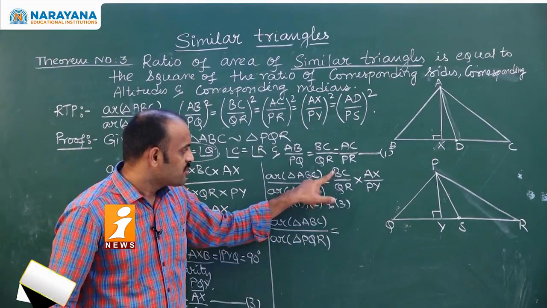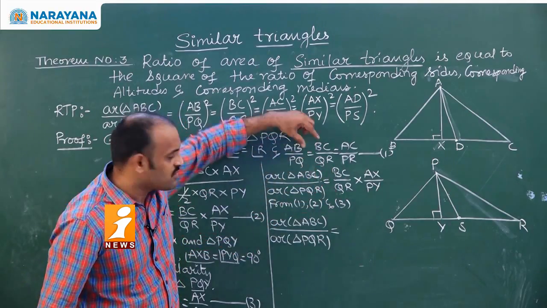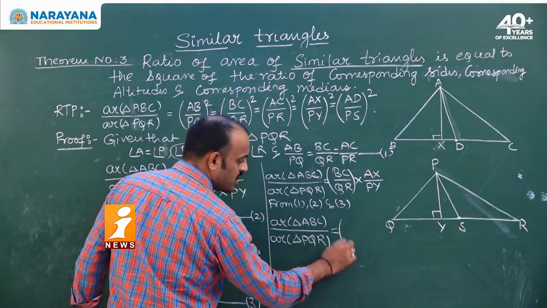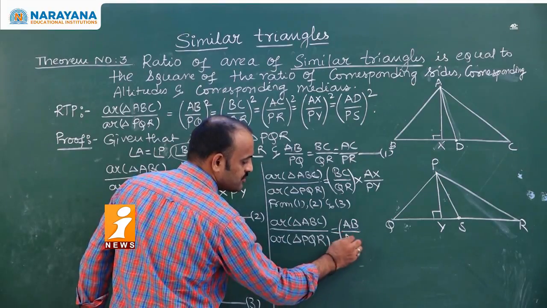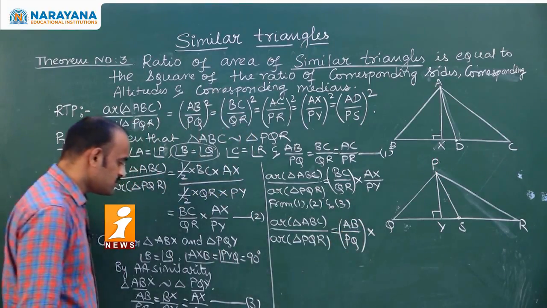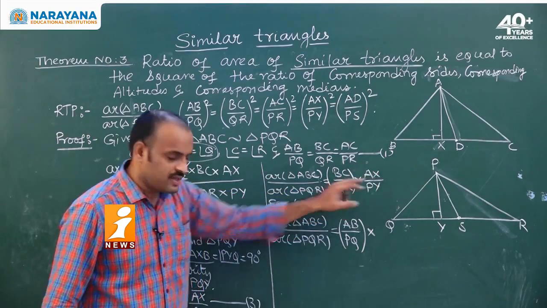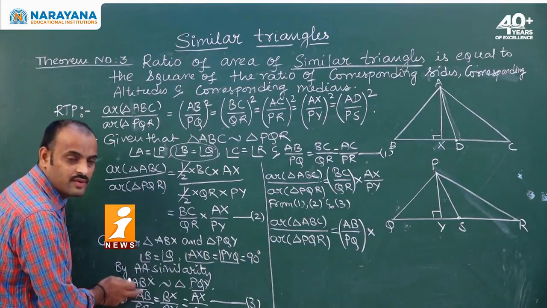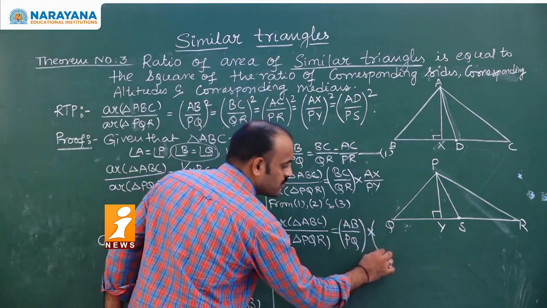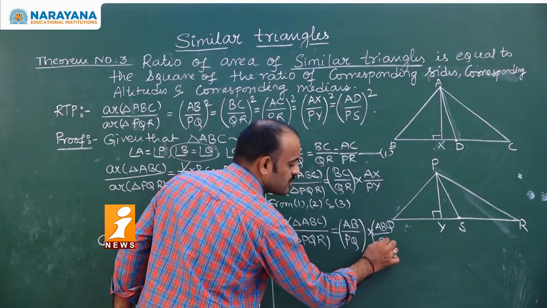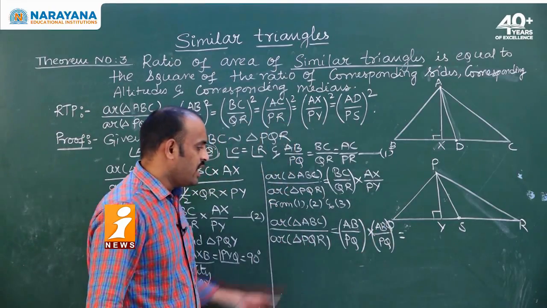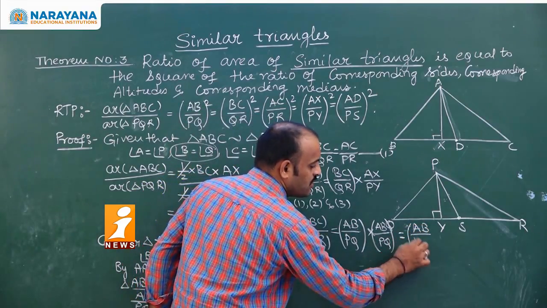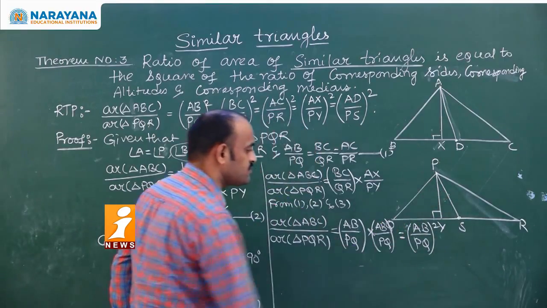Instead of BC by QR, from equation 1, I can write AB by PQ. Instead of AX by PY, I can also write AB by PQ. So, AB by PQ into AB by PQ, AB by PQ whole square.